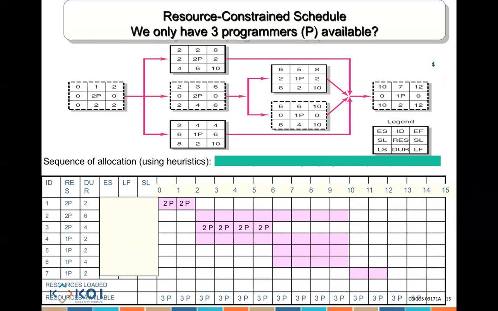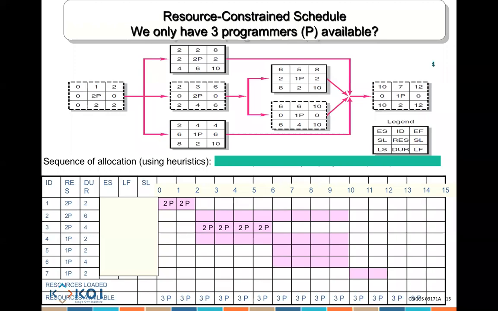Okay, using the rules, what would I do next? Activity 2 or activity 4? Activity 2. Why did you say activity 2? Because it has less slack than 4.